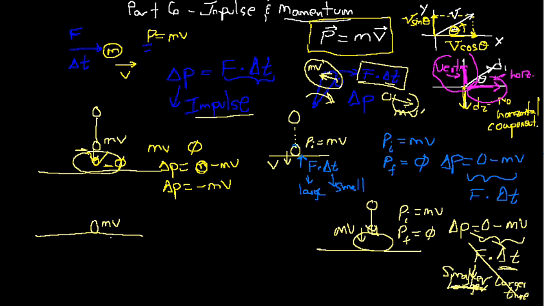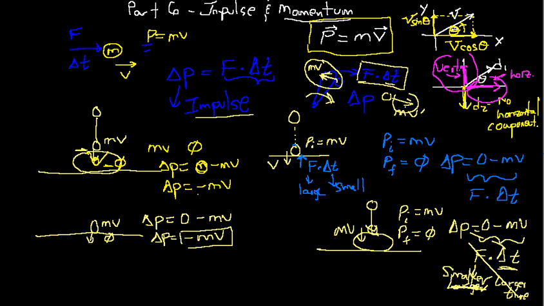Now it stops almost instantaneously in a very short time, and the final momentum is 0. So the initial momentum is just as it touches, and almost an instant later it's at 0 velocity. So the change in momentum here is the final momentum, 0, minus the initial momentum, mv, and we have this change in momentum equal to negative mv.